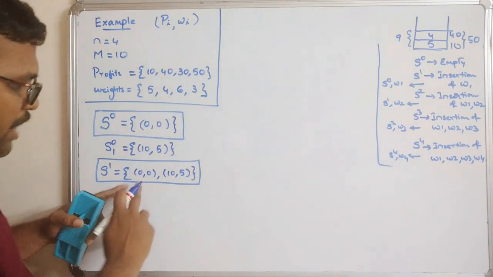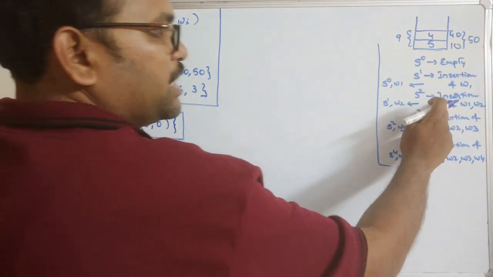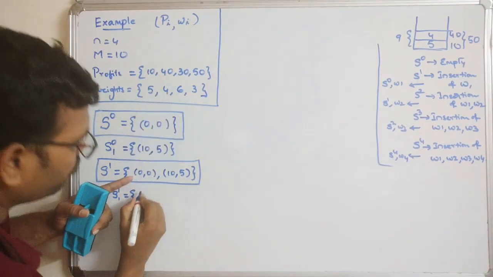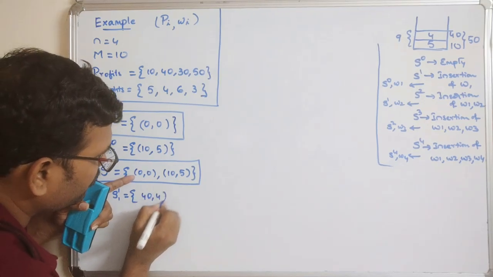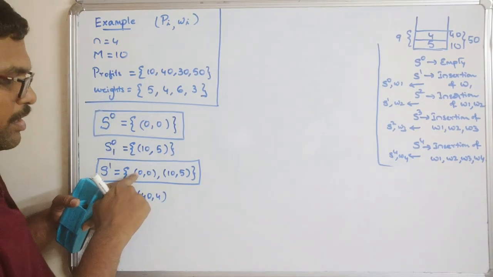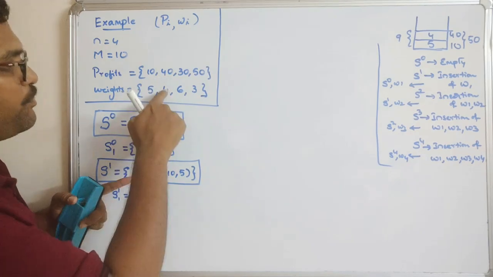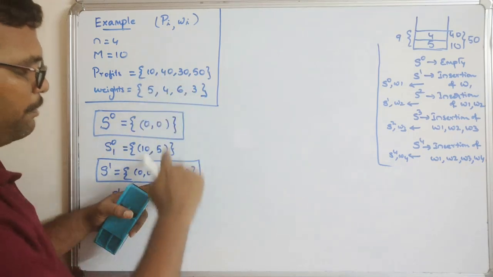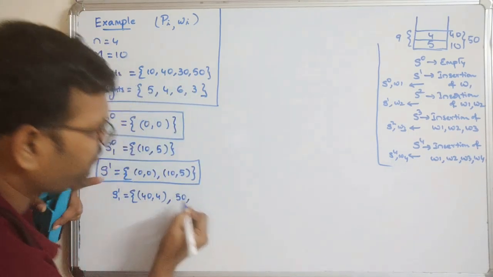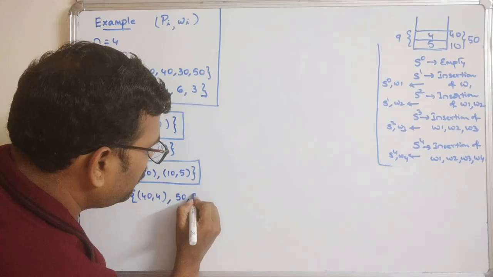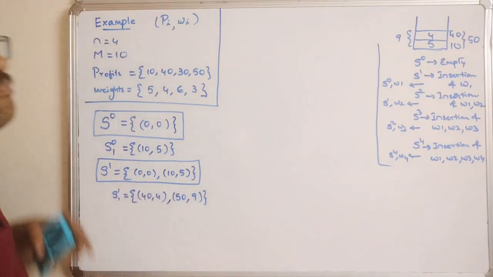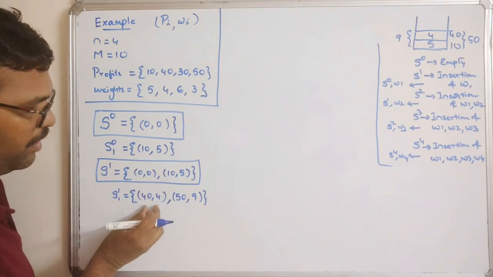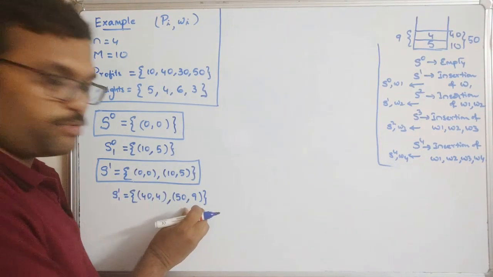Okay, the same thing applies to S1. So insert to S1. So what happens? 40 and 4. Because we are adding to this particular S1. 0 plus 40 and 0 plus 4. Comma. Then the combination, 40 plus 10, 50. Comma. 4 plus 5, 9. 9. So you got it. So empty. Initially we have moved it. And then we are getting the next one.